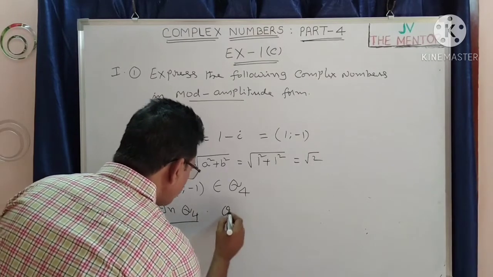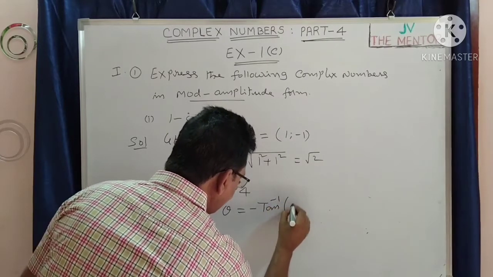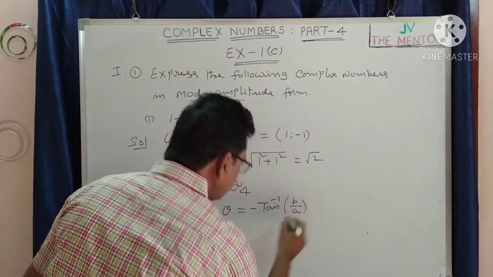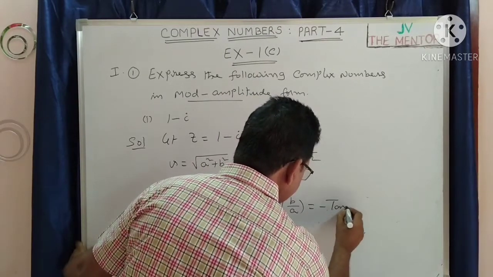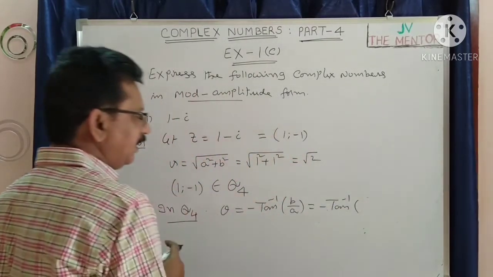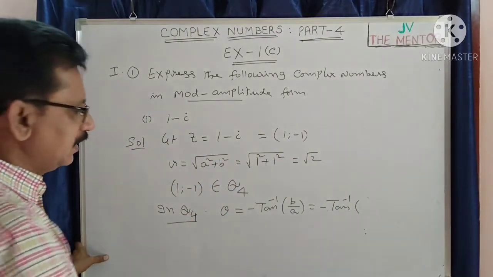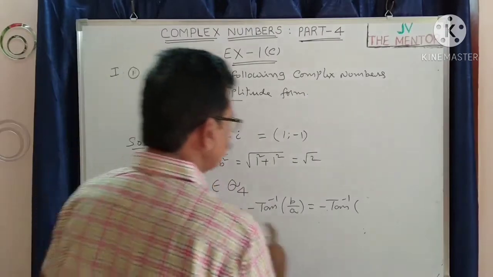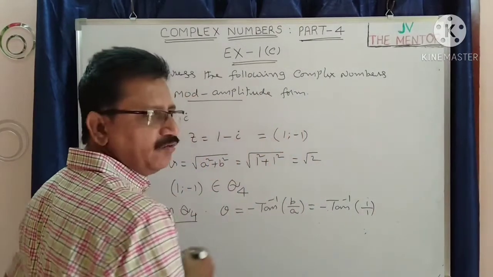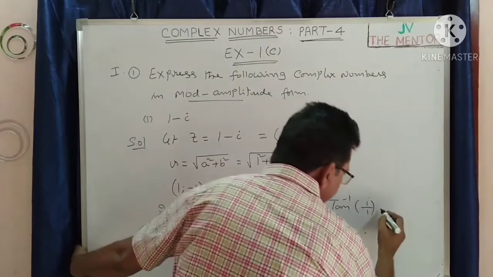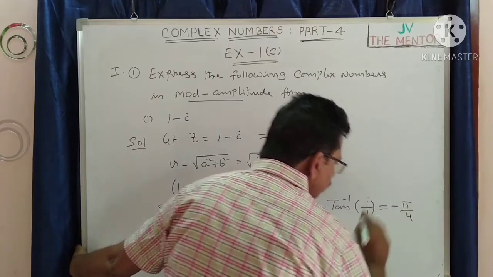Taking the values of a and b without signs, b is 1 and a is also 1. Tan inverse 1 is pi by 4. So theta is minus pi by 4.